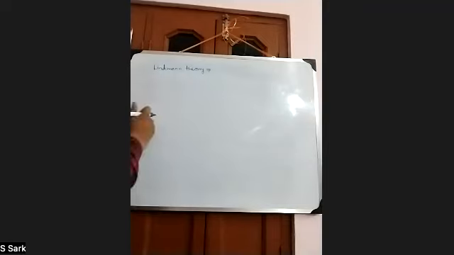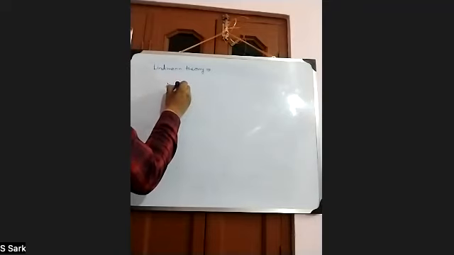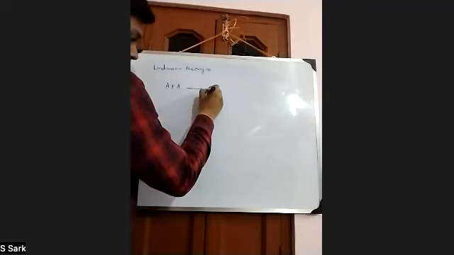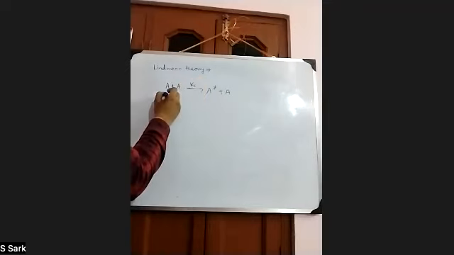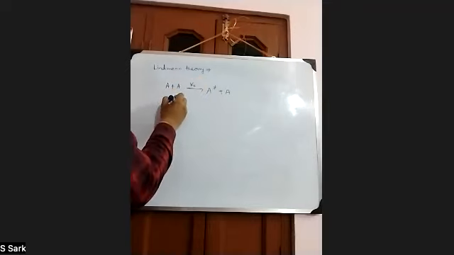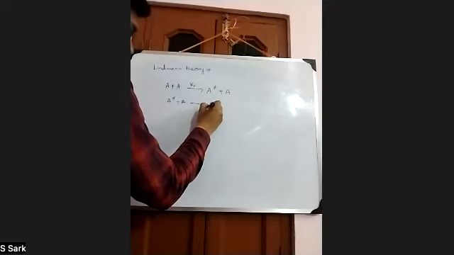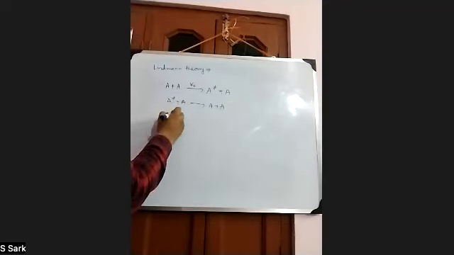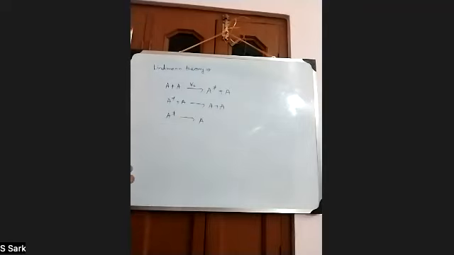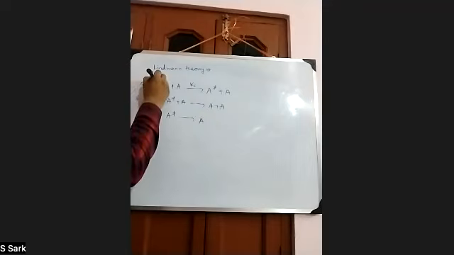So in case of Lindemann theory, let's take A plus A, which activates itself, produces A star, and the rate constant is K1, and A star plus A produces A again, and ultimately A star produces A. So in this case, the first process is called activation, and the second process is called deactivation or decomposition.